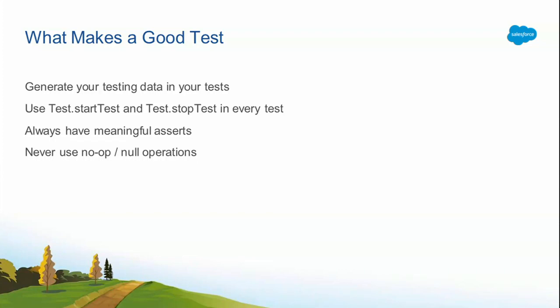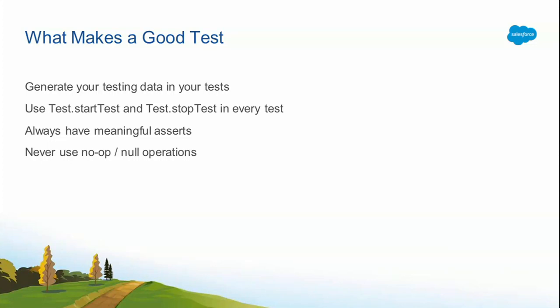So you're testing in real world conditions, as this is how a user is going to interact with it, and that is how my transaction is going to happen, and I'm going to make sure that I'm within my limits. Also, if you have a bunch of setup stuff, that could starve limits from your actual test. Also, things like future methods and other process-based things don't kick off until stop test, so you need to have them sometimes anyway.